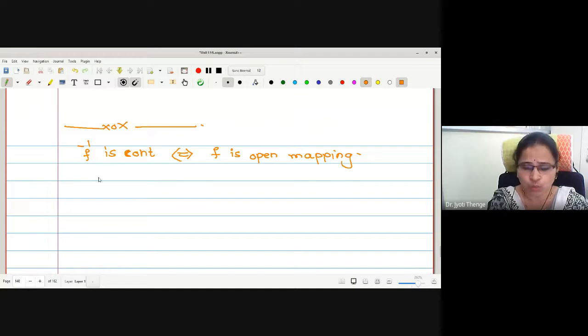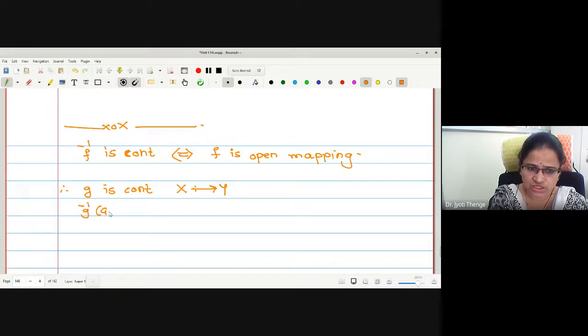Now we know one theorem about the continuity of a function. G is continuous, defined from X to Y, say. Then what can I say about open sets?